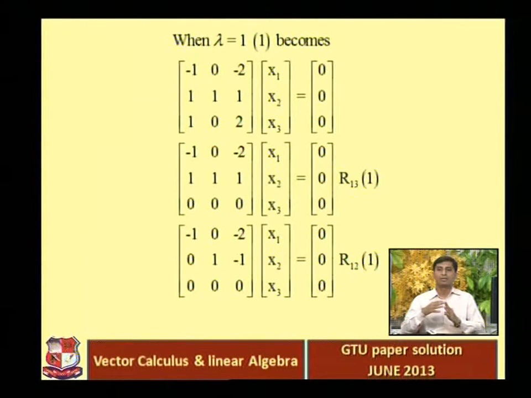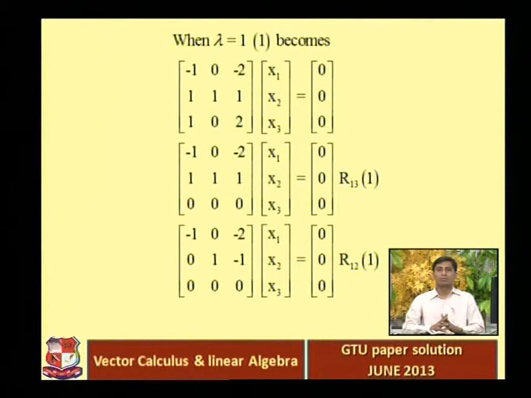So basically in reduced row echelon form, in the column in which we have a leading entry, except that leading entry all the elements should be 0, either below or above. So the first three conditions are for row echelon form, and with the other two conditions, a total of 5 conditions are for reduced row echelon form.